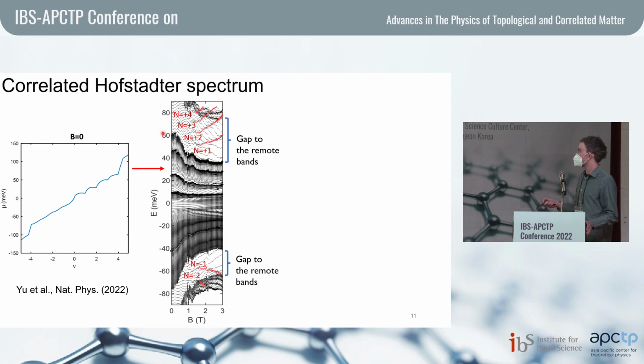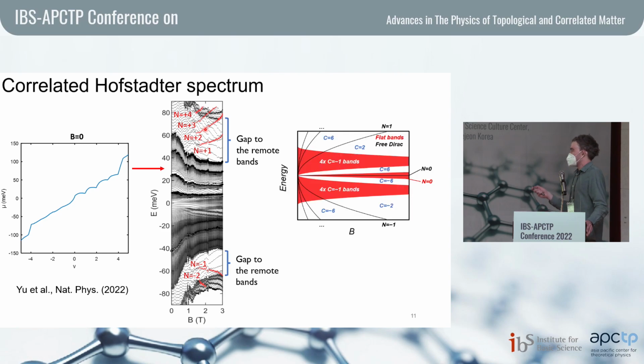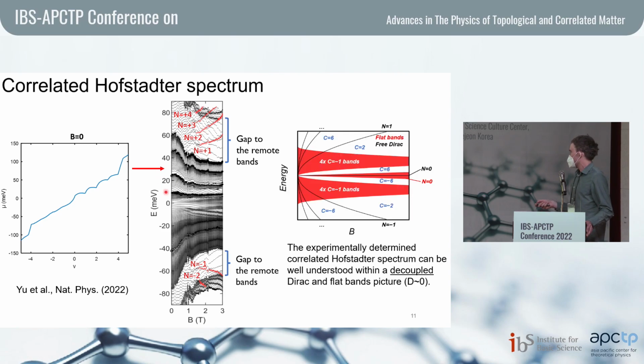You can see this fourfold degeneracy of the flat bands themselves, and you can see some features from charge neutrality corresponding to the Landau levels of the flat bands. And you can see some rapidly dispersing features highlighted in red that correspond to the n greater than 1 Landau levels of the monolayer graphene. Okay? So it agrees well with this picture.